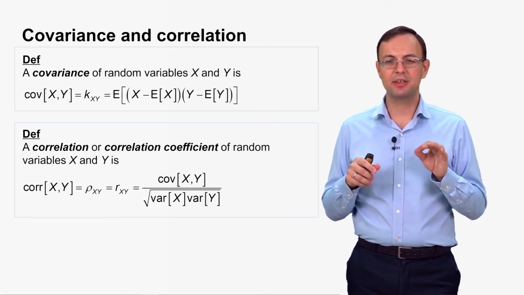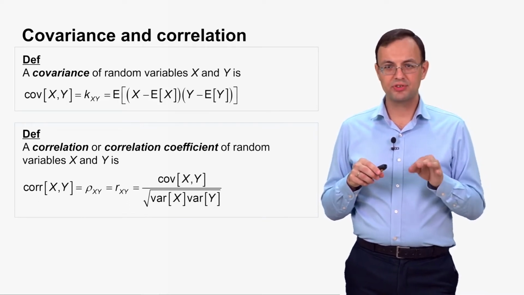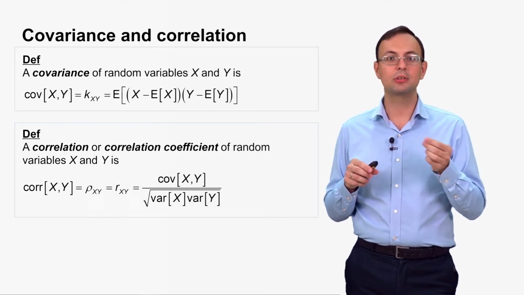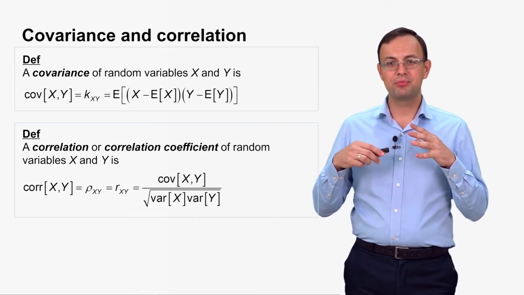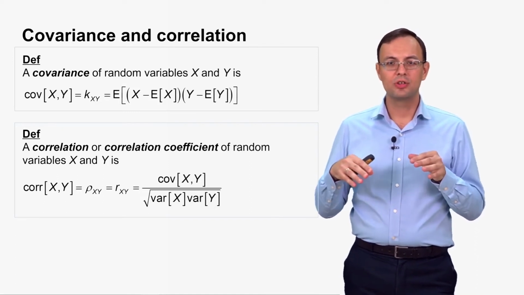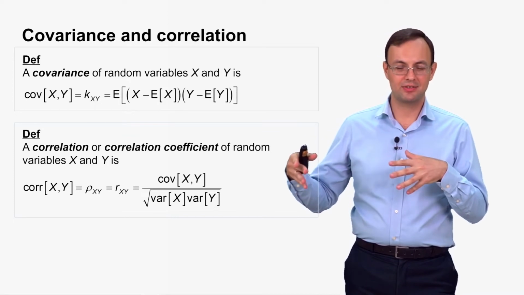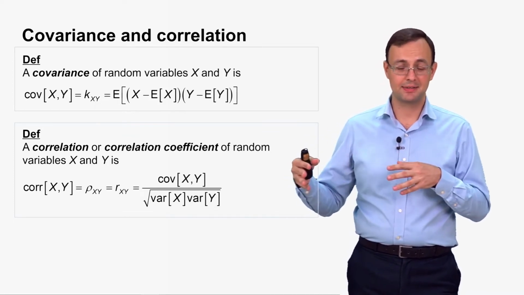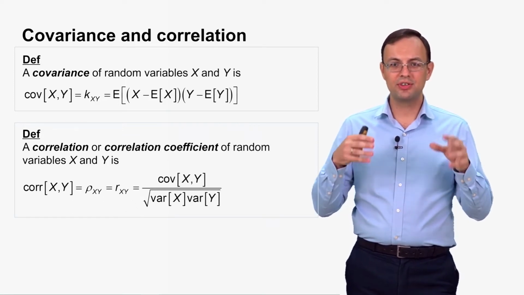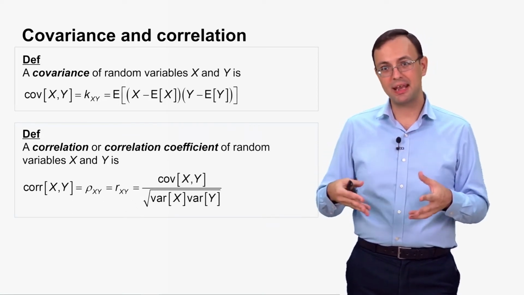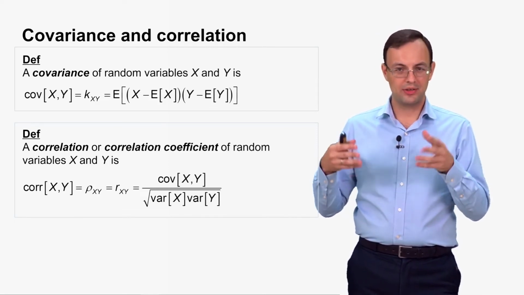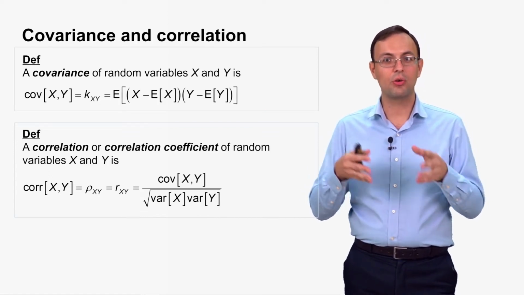be careful, please, because in some textbooks they prefer to call this numerical coefficient correlation, and the type of dependence between two random variables is called correlation dependence or correlative dependence. And in some books, they use this term correlation for the type of dependence, and the numerical coefficient is called the correlation coefficient.